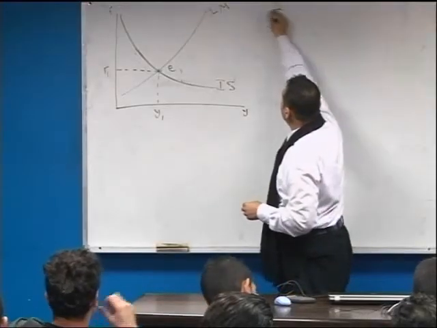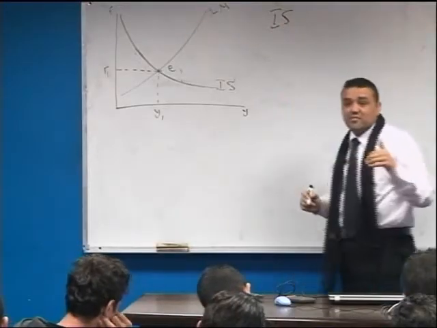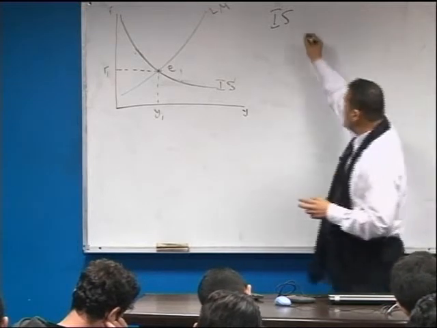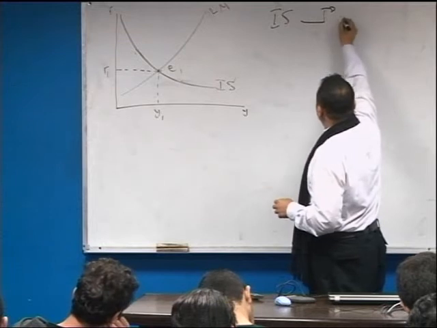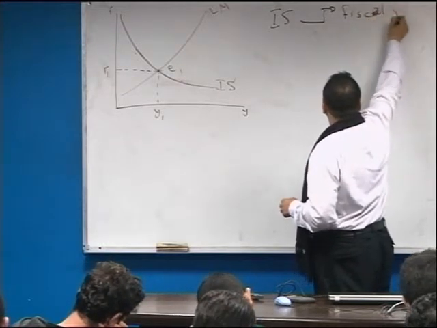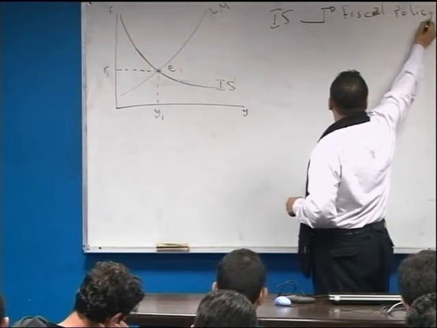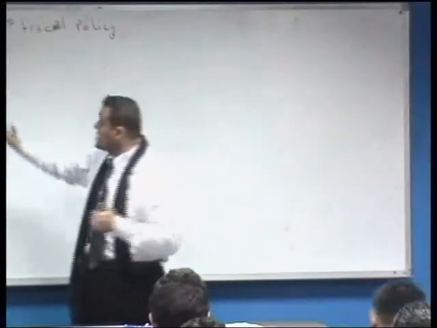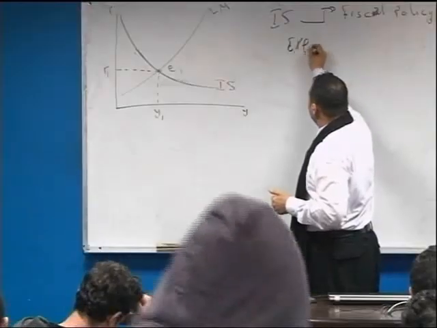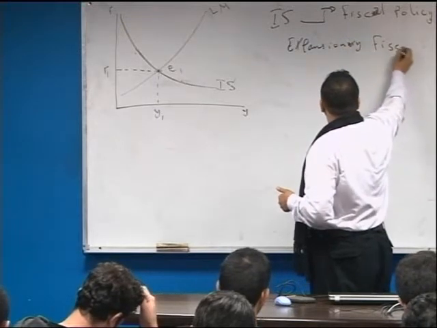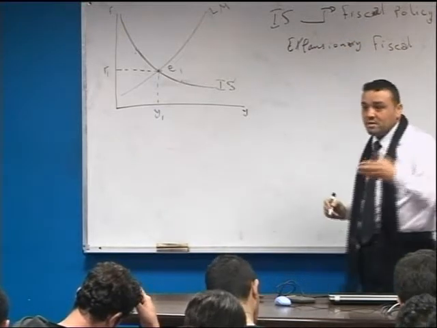The IS is affected by fiscal policy because it's related to the goods market. If the government uses expansionary fiscal policy, where does it take the IS?